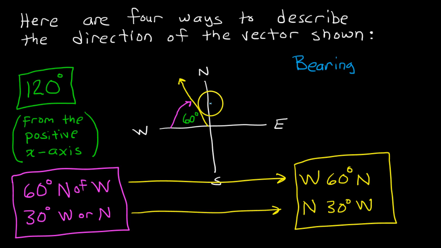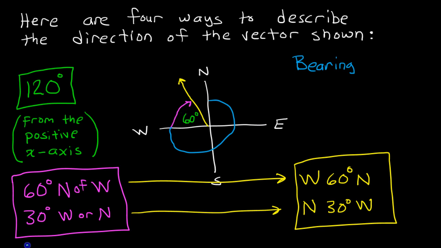So for bearing, this vector direction would be like this. We're measuring from north and we're going all the way around like this. Okay, so notice so far I've gone 270 degrees.